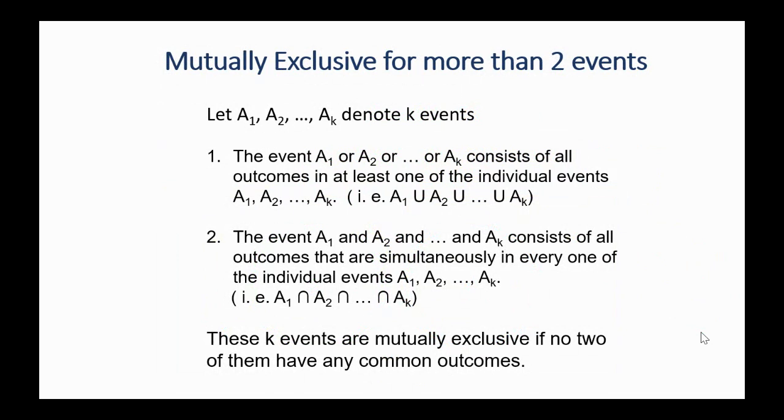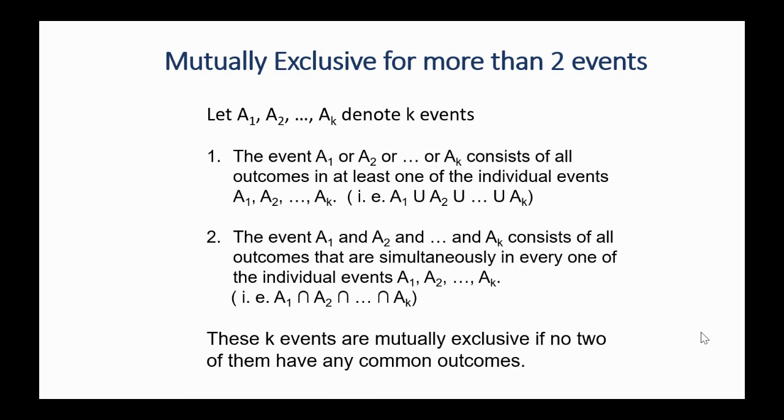So we've got K different events happening. If I wanted to say A1 or A2 or A3 or all the way to AK, in order to be included in that, all we need is to appear in one event.